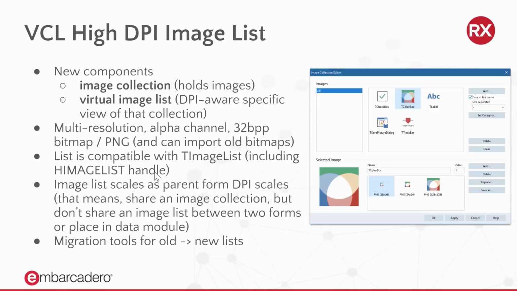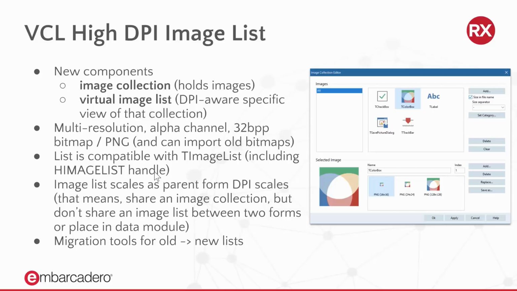There is a companion component called virtual image list. The virtual image list will hook to the image collection, and basically, depending on the current required DPI, it will slice the image collection for a given resolution.